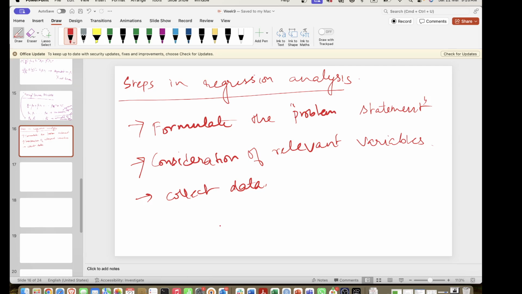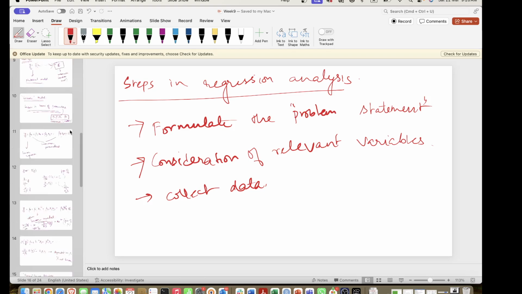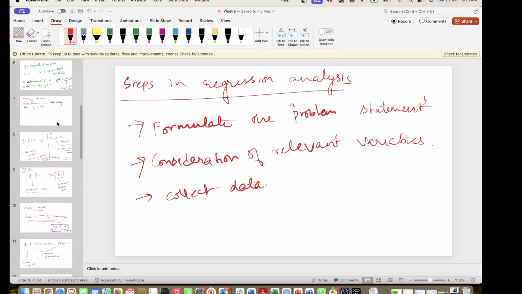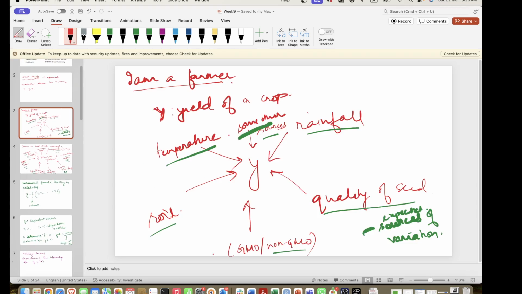So for example, let's say in this crop example, I have access to all this information: how much rainfall the soil has received, what is the alkaline or acidic content of the soil, how much is the temperature, what is the quality of seed.